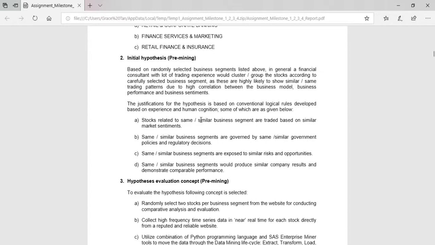Now that justification is based on beliefs built using our conventional logic, some of which have been listed over here. These may not be all, but these are a few that I would like to highlight. Stocks in similar business segments are traded in a similar manner with similar market sentiments.